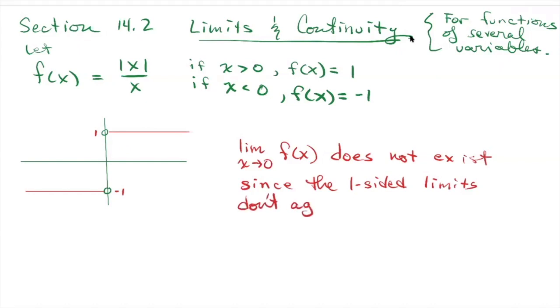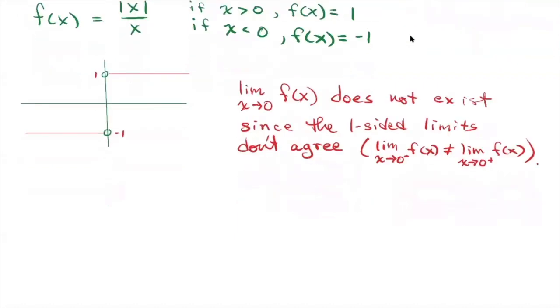You may remember in your 180 class that the right-sided limit has to be equal to the left-sided limit for the limit to exist. So the limit as x approaches 0 from the left of f of x is not equal to the limit as x approaches 0 from the right. That's a good enough argument for why the limit doesn't exist.